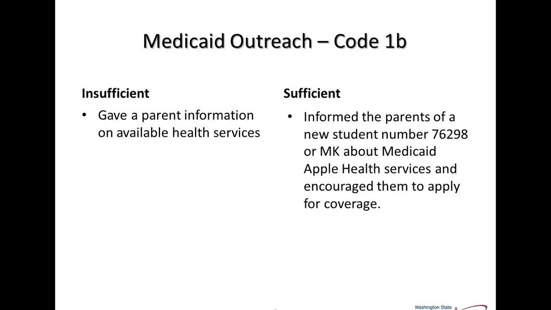Why was it being done? I'm encouraging the parents to apply for coverage. Who were you doing it for? The new student number 76298 or MK. Remember to use the student ID or initial. How does it relate to Medicaid? Gave information about Medicaid Apple Health Services.